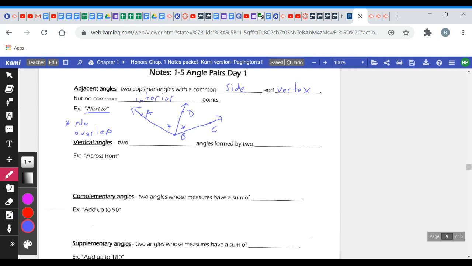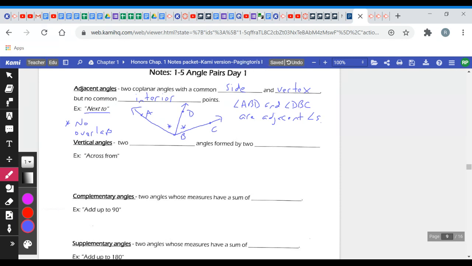I'm going to specify off to the side which two angles are adjacent: angle ABD and angle DBC. Again, you can name those two angles differently than I did, but the B does have to be in the middle because it's the vertex. And I'm just going to say are adjacent. For angles, instead of writing out the whole word, I'm just going to put a little angle symbol with the S. That's a good way to abbreviate it.